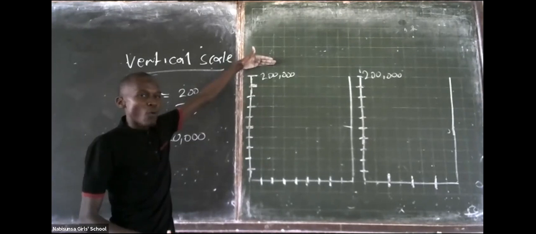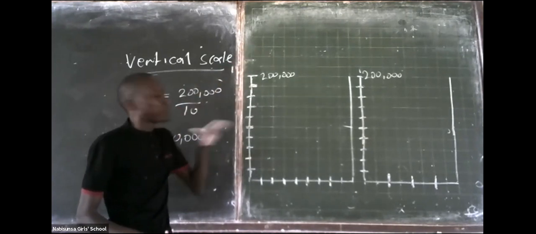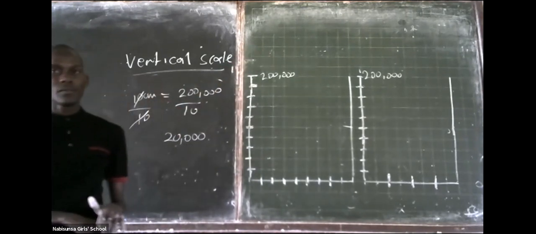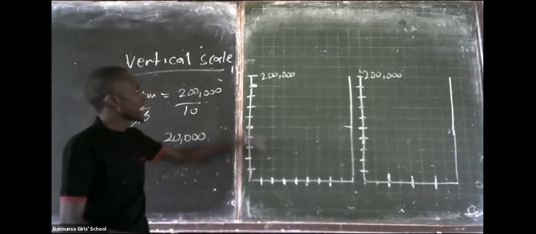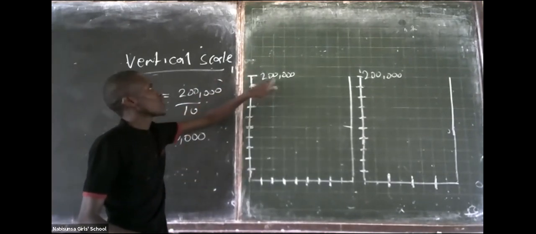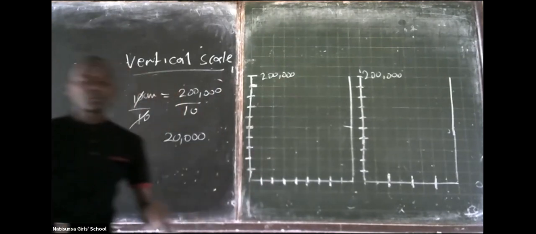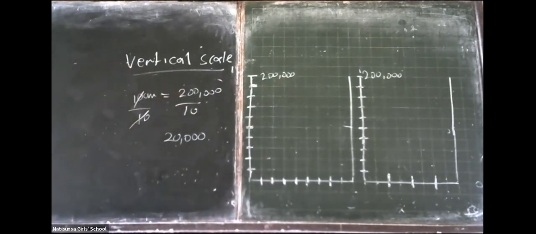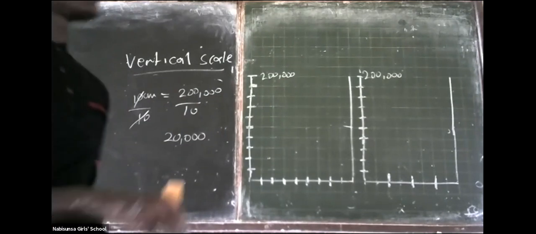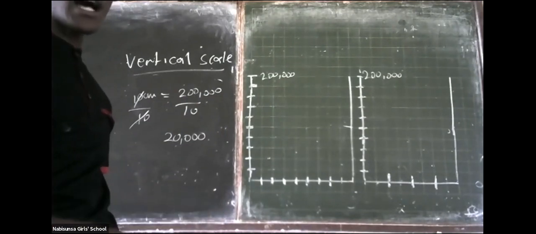Now we want to know what's the amount of the first level. There are 10 girls sharing 200,000. What's the value of one girl? And the one girl is equivalent to 2 centimeters. What answer are we getting?